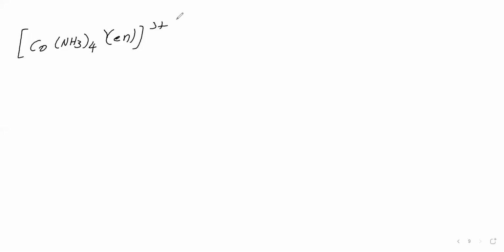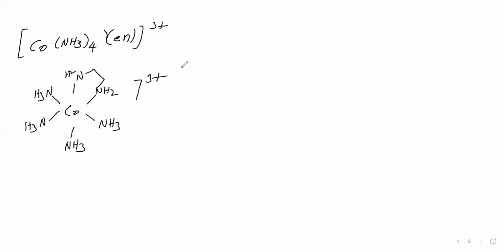What do you say? We'll take Co as the central metal and write 6 coordinate bonds. NH3 4 times we have to write, and ethylene diamine we have to give. It is ethylene diamine. NH3 4 times I have given. Net charge plus 3. Now we have to see whether optical activity is possible or not.